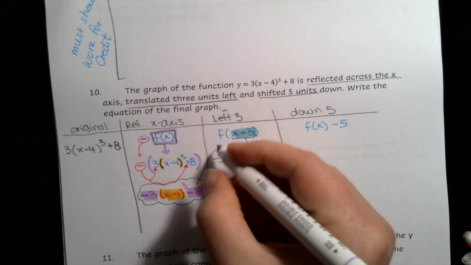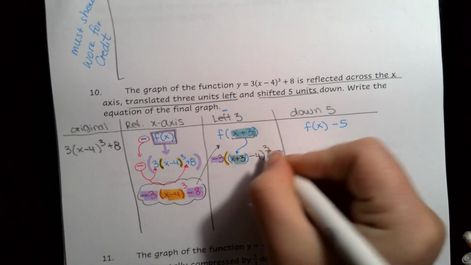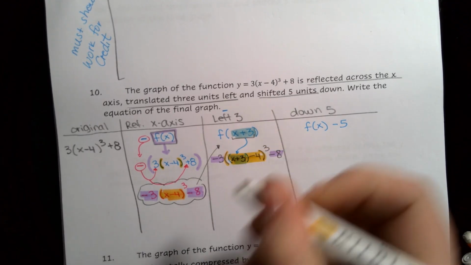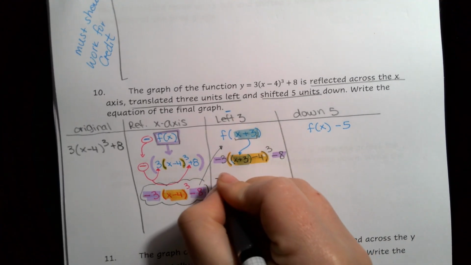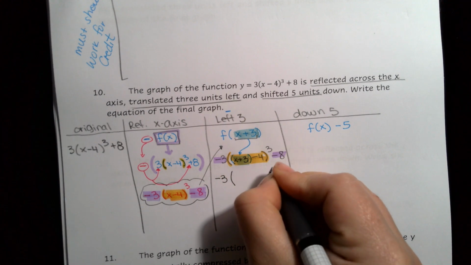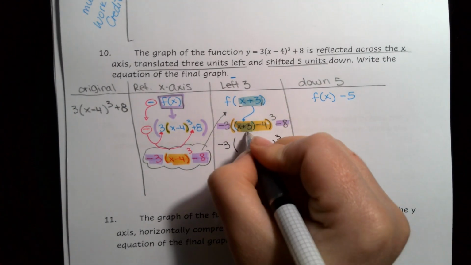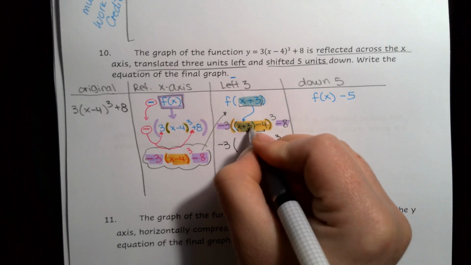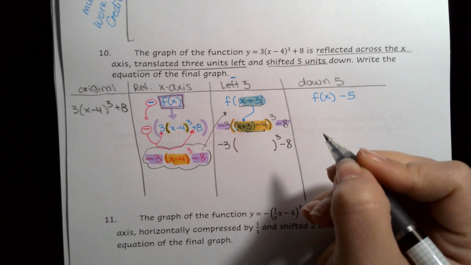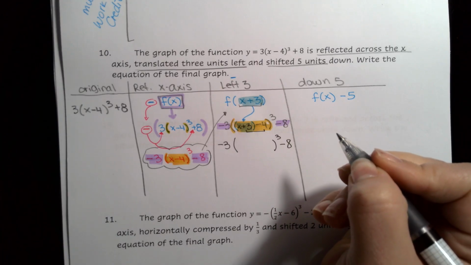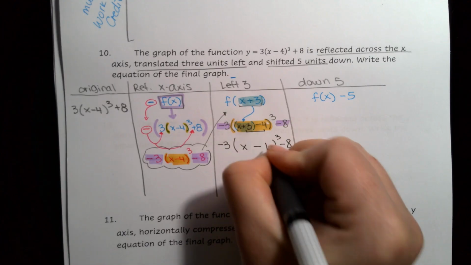So I still have my negative 3 and my negative 8, but since I am working with the inside now, I can simplify the inside. And I actually have to simplify the inside. So I still have negative 3 on the outside and negative 8 on the outside. Inside now, I have x plus 3 minus 4, which is going to give me x minus 1.